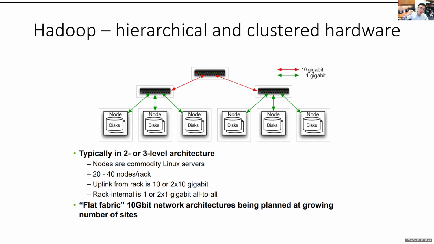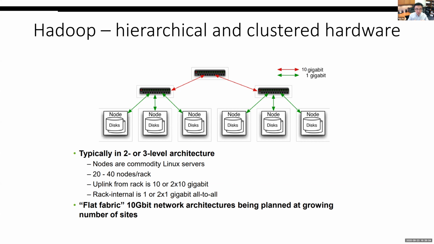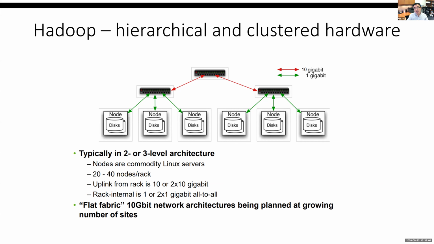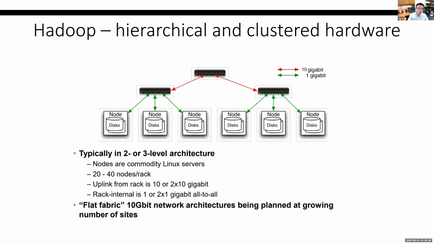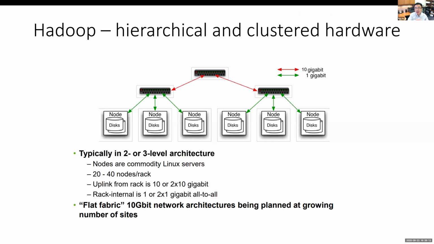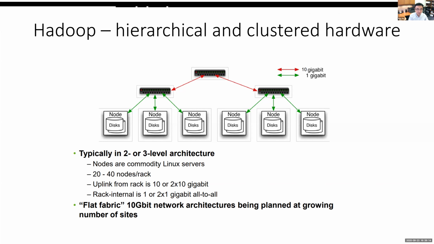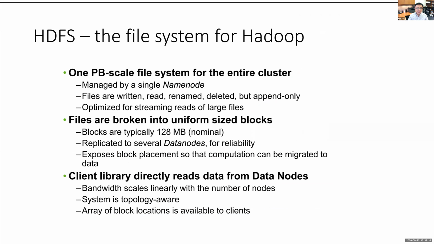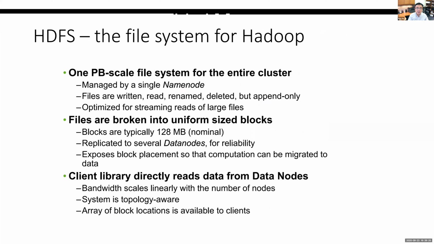And for the upper link, which means I'm sending data to some higher level clusters, that's 10 gigabit. So in general, what you need to know is Hadoop is a hierarchical and clustered hardware. This is parallel computing, okay? And HDFS is the file system, the hard disk file system for Hadoop. So this is PB scale.